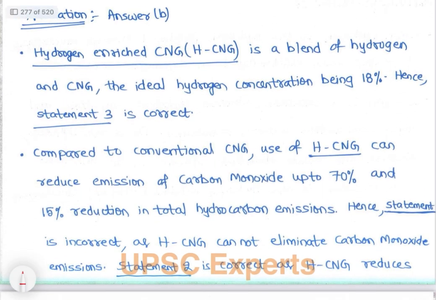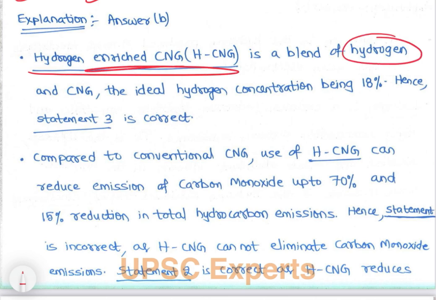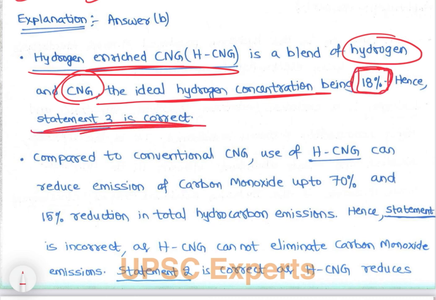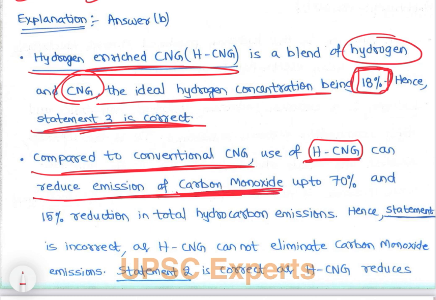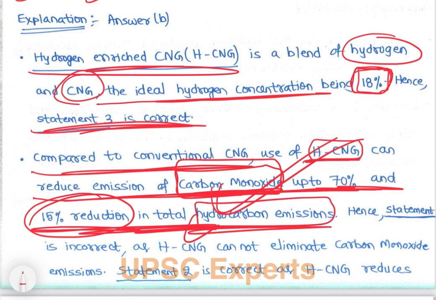Now let's see the explanation. HCNG, that is hydrogen enriched CNG, is a blend of hydrogen and CNG, the ideal hydrogen concentration being 18%. Hence statement 3 is correct. Compared to conventional CNG, use of HCNG can reduce emission of carbon monoxide up to 70% and give a 15% reduction in total hydrocarbon emissions.